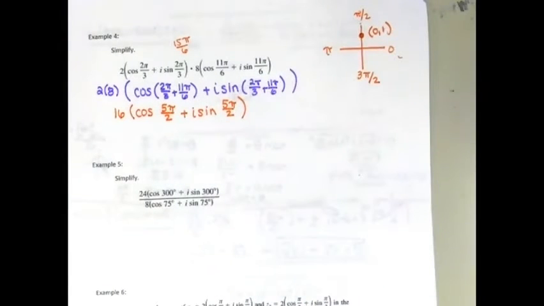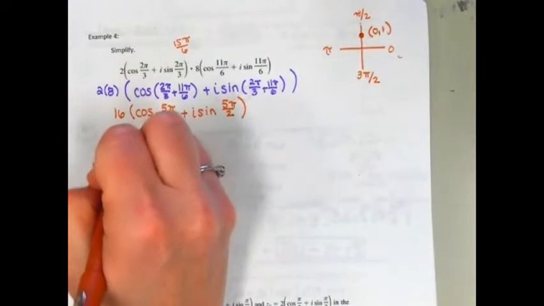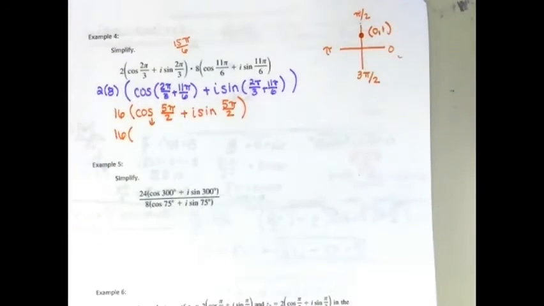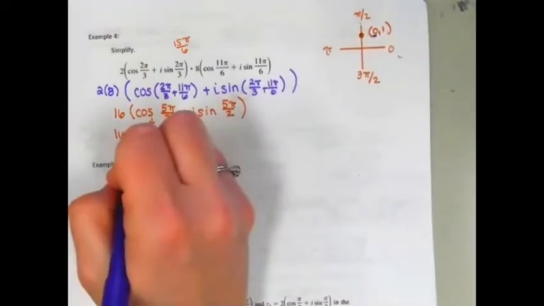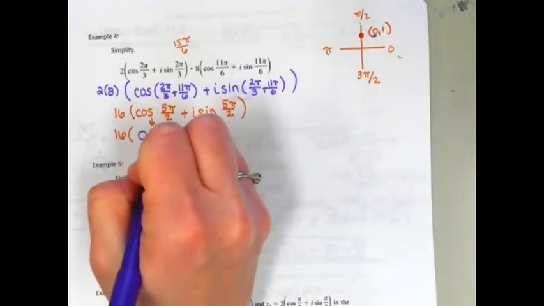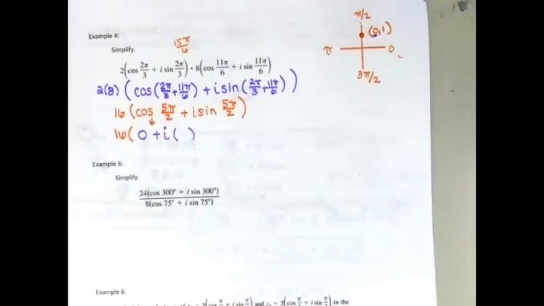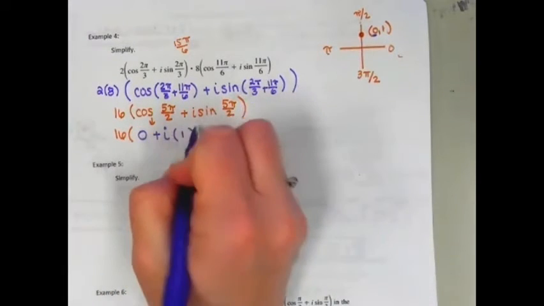All right, so now we have 16 times, what is the cosine of pi over 2? Is that the x or the y? Is cosine x or y? X. So the cosine, what's my x? 0 plus I times the sine of pi over 2. And what's the sine of pi over 2? 1, right?